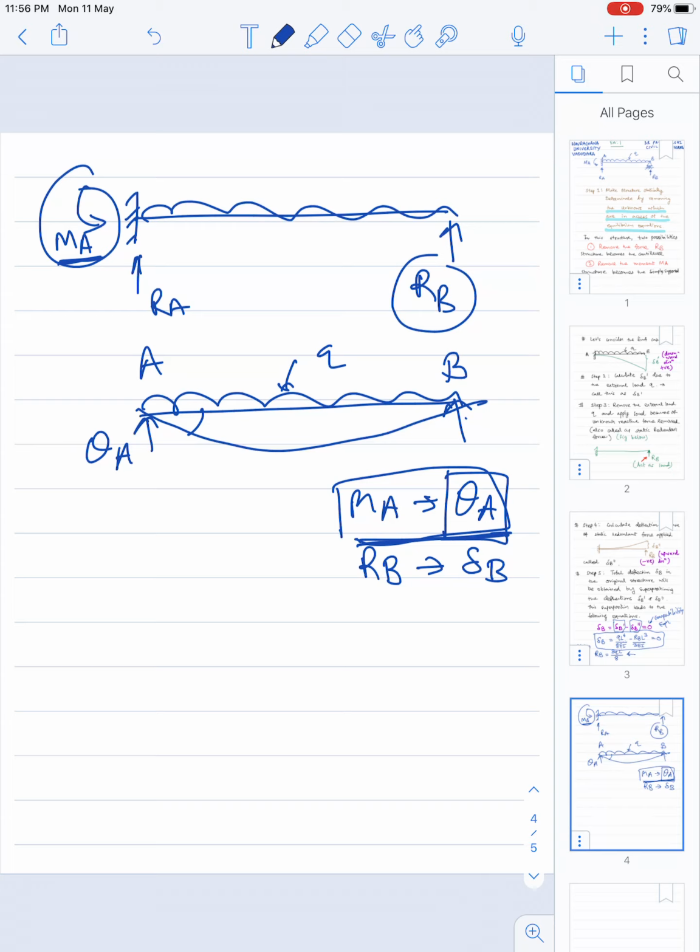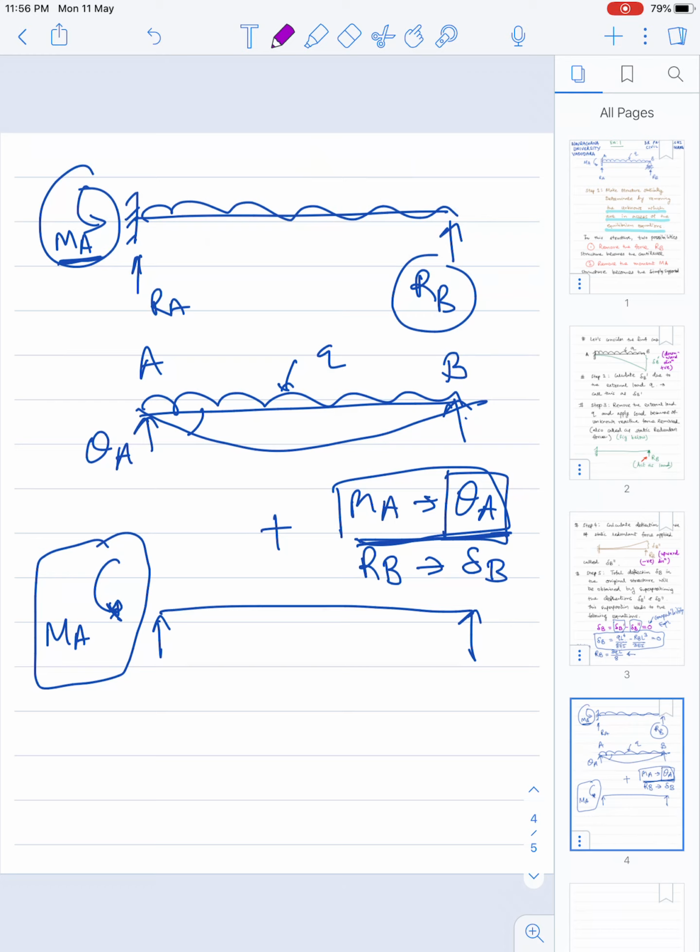Now this was the first step to make the structure statically determinate, and in the next step we remove the external load and apply the redundant, MA, as the force.